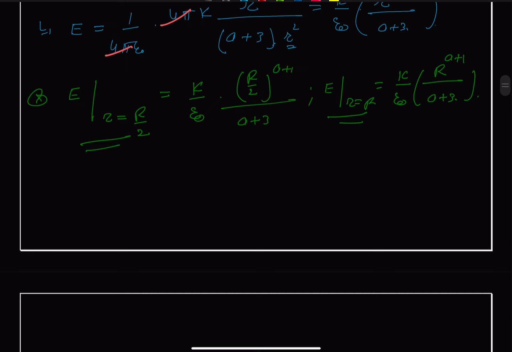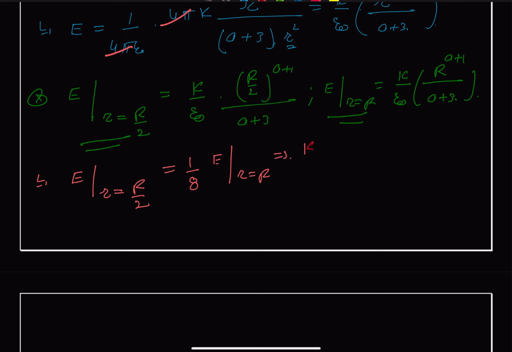So we can write that the electric field at r equal to R by 2 is equal to 1/8 of the electric field at r equal to capital R. We simply substitute them.